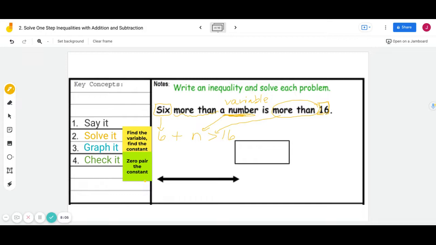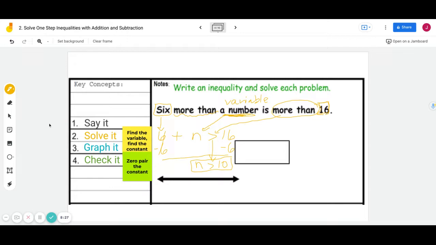I've got these sticky note reminders on every slide. Find the variable, find the constant, zero pair the constant. The variable's n, so the constant is +6. Do -6 on both sides of the inequality. Zero pair, n, greater than 16 minus 6 makes 10.